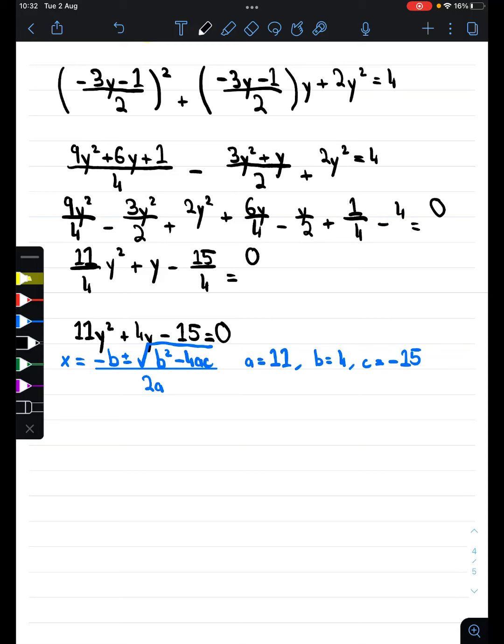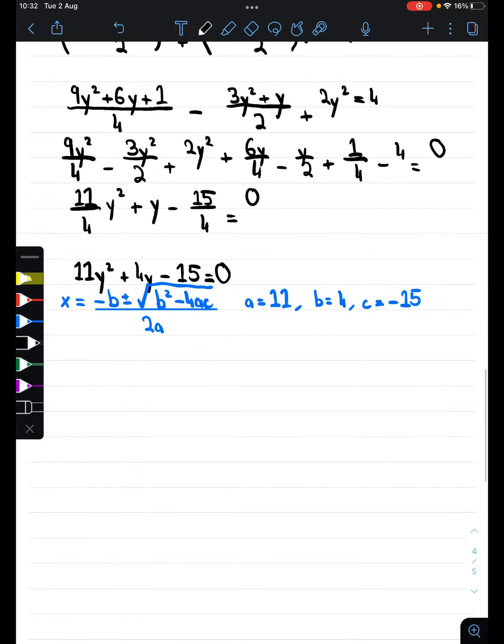So let's plug these values in, and we get x equals minus 4 plus or minus the square root of 4 squared minus 4 by 11 by minus 15, all over 2 by 11.